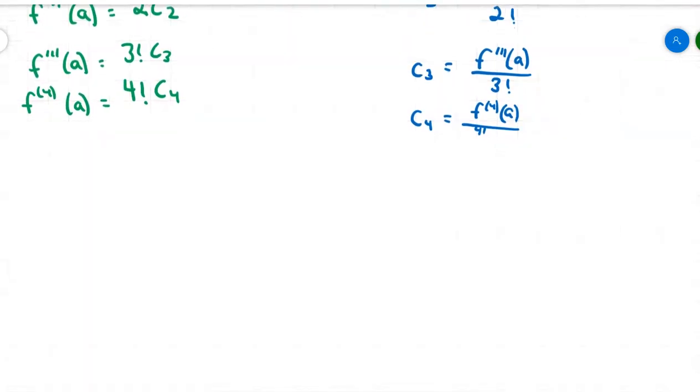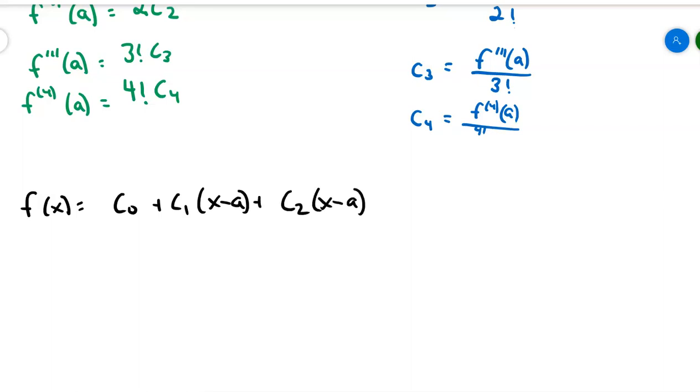So let's try it. We said that f of x was c sub 0 plus c sub 1 times x minus a plus c sub 2 times x minus a squared plus c sub 3 times x minus a to the third plus c sub 4 x minus a to the fourth, and so forth.